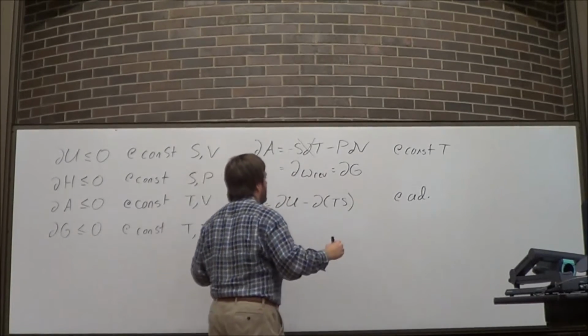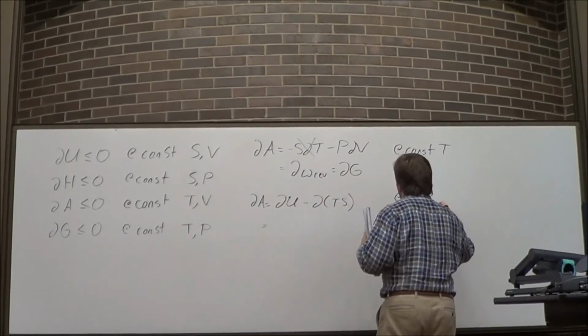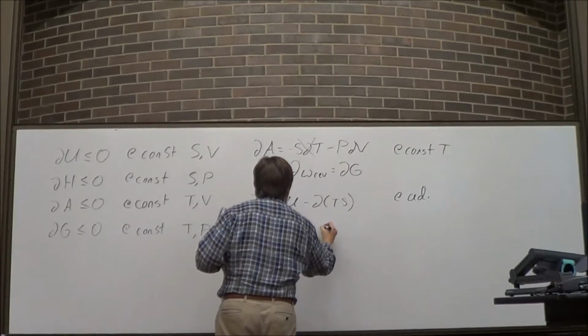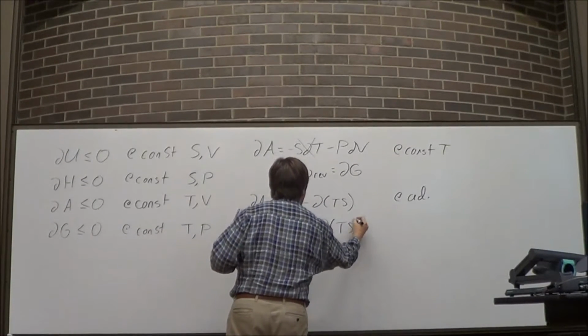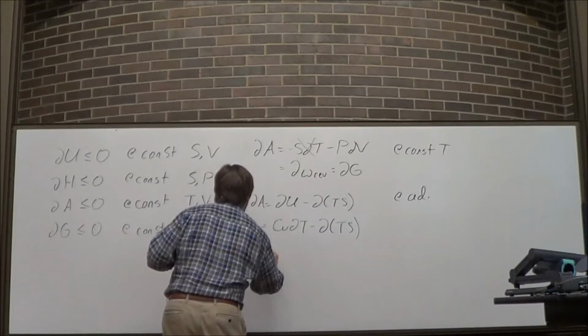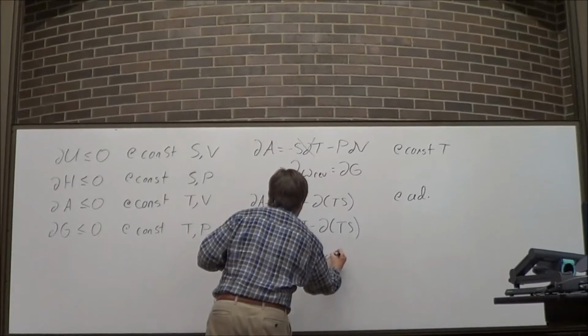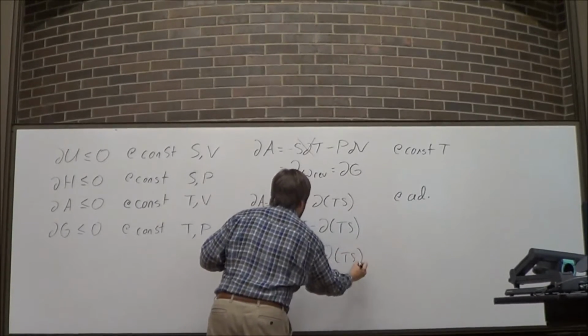For adiabatic, this is CV dT minus the change in TS. And the change in G would be pretty much the same thing, except a CP instead of a CV, minus the change in TS.